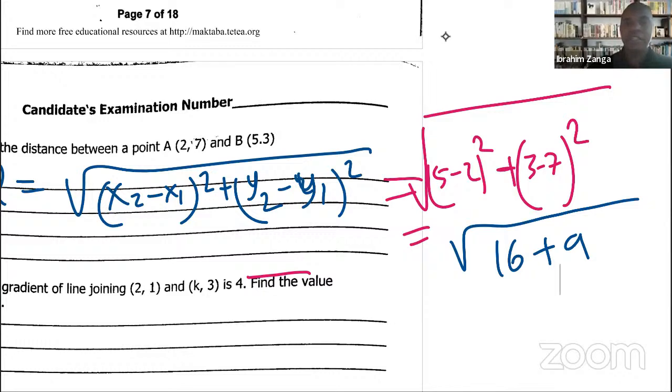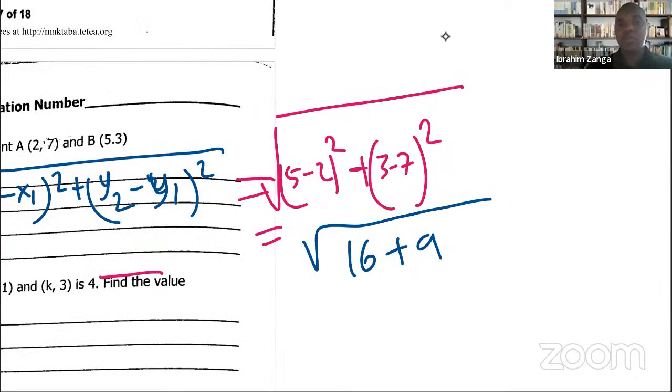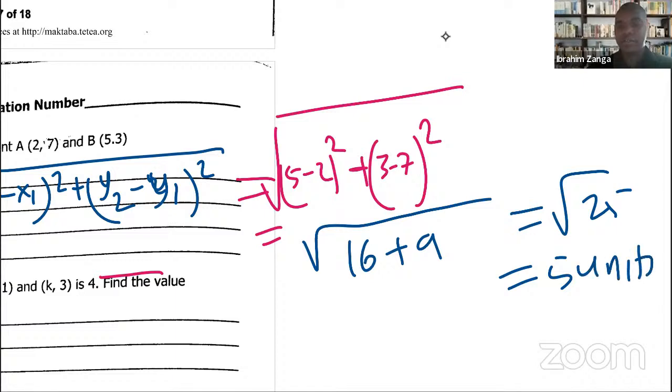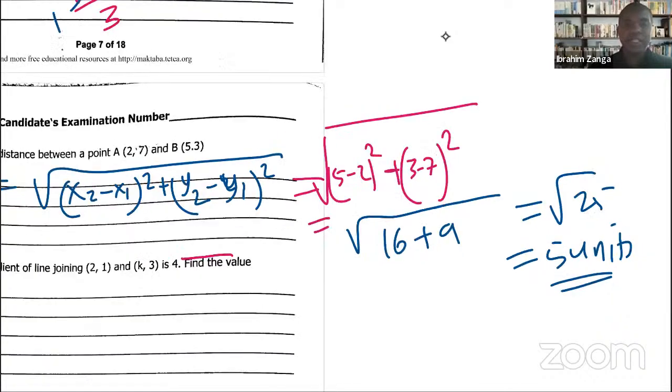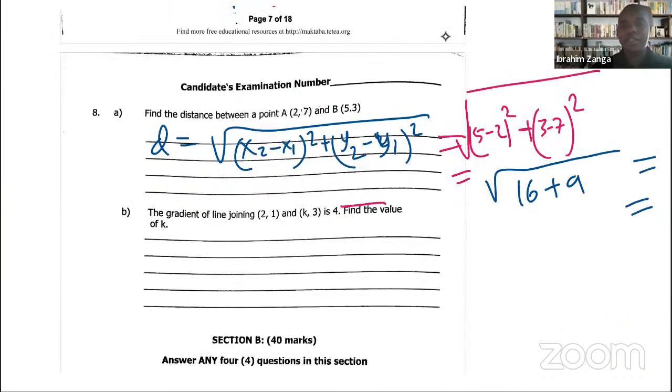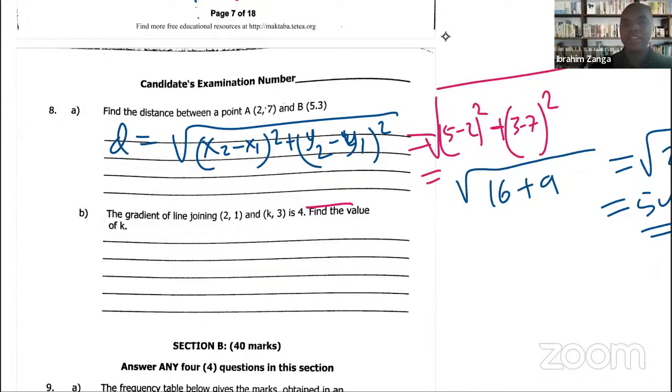You get actually, it is square root of 25. You get 5 units. So the distance required here, dear students, distance D, is 5 units.